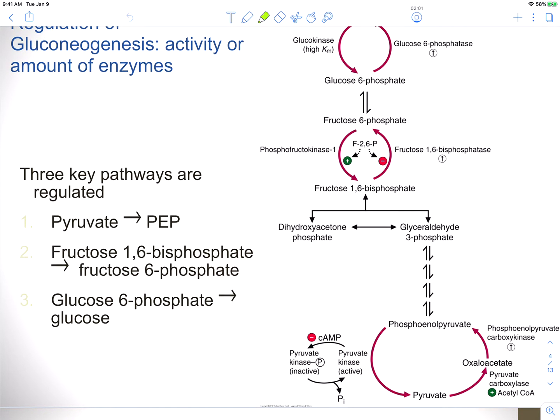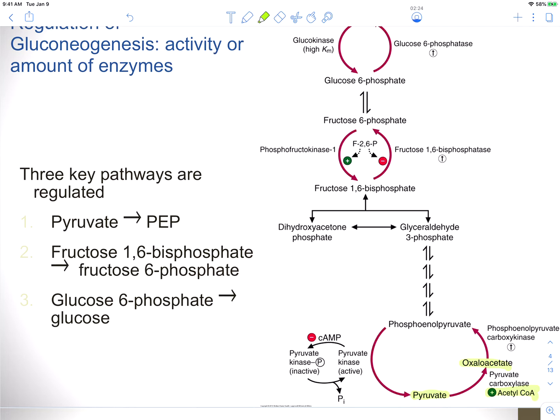Now down here, we have our pyruvate, and pyruvate is going to become oxaloacetate, and this is turned on when there are high levels of acetyl-CoA. High levels of acetyl-CoA are, of course, going to be present because you're doing beta oxidation of fatty acids and generating a lot of acetyl-CoA. So that's going to turn on pyruvate carboxylase.